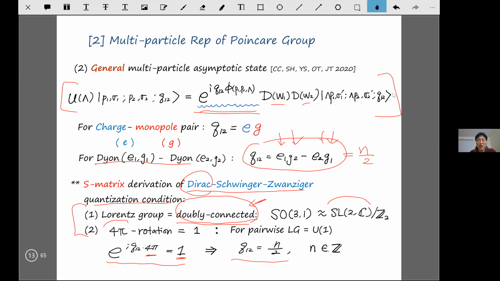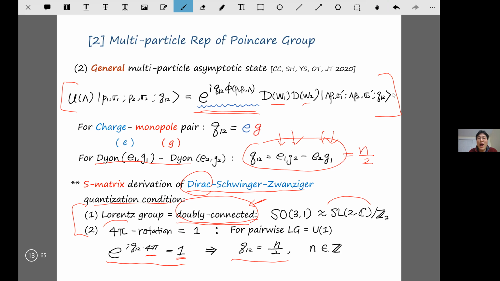That's another way of seeing it. But for now, you can just buy my argument that pairwise helicity is basically the product of the charges, and therefore Lorentz invariant. It doesn't change.